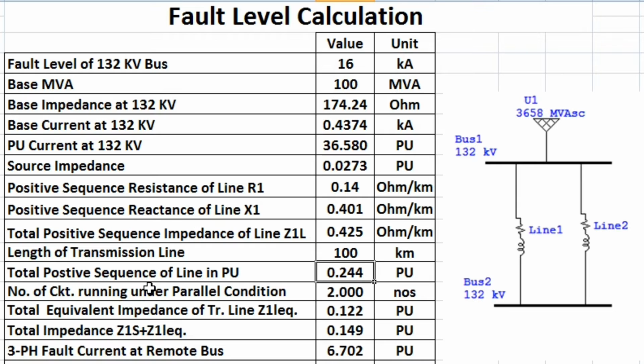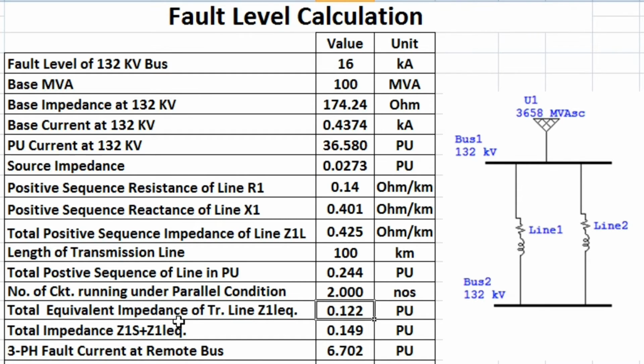So the total positive sequence impedance of the line in per unit is the impedance of the line into line length divided by the base impedance, that is 174.24, which comes as 0.244 per unit.